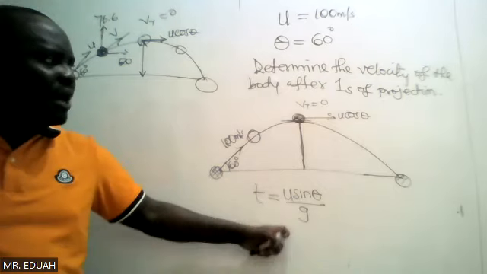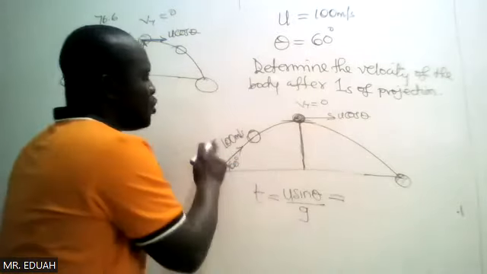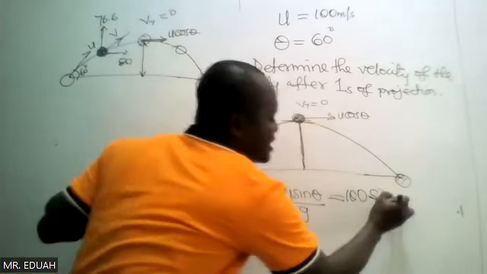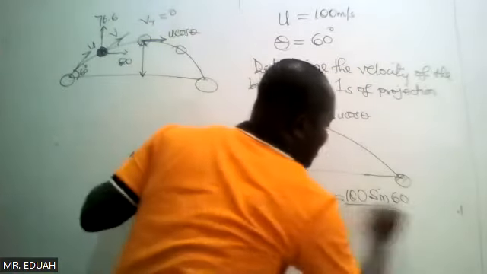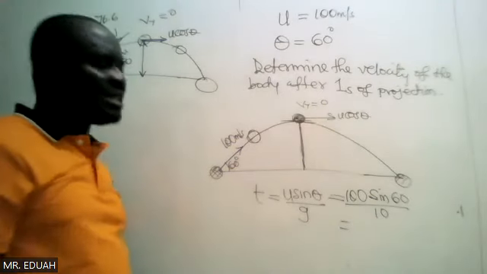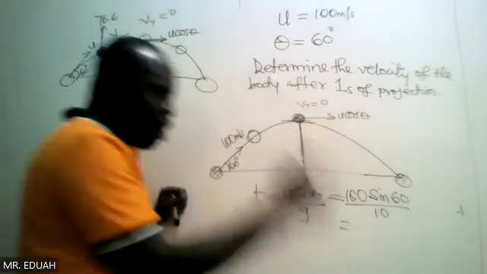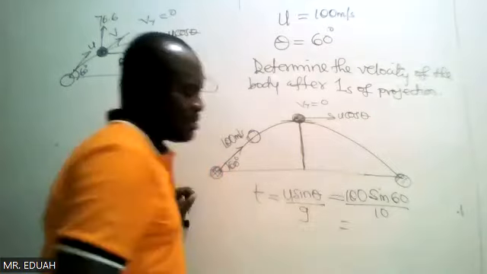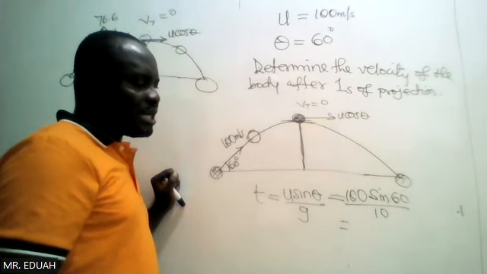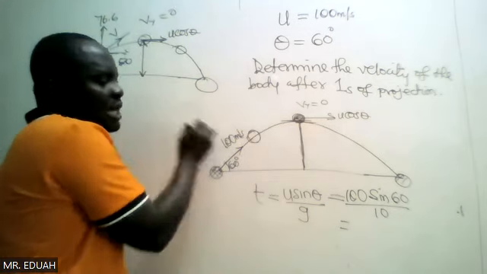Then I compare it with the given time. So u is 100, the angle of projection is 60, so sine 60 times 100 divided by gravity, which is 10. Sine 60 is 0.866, and that will give you 8 point something, because sine 60 is 0.866.